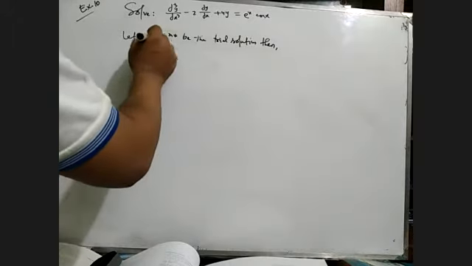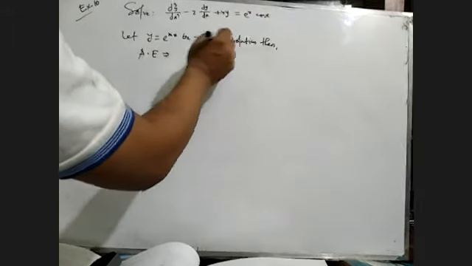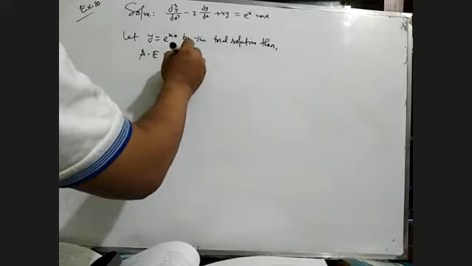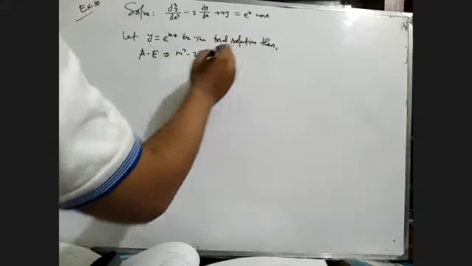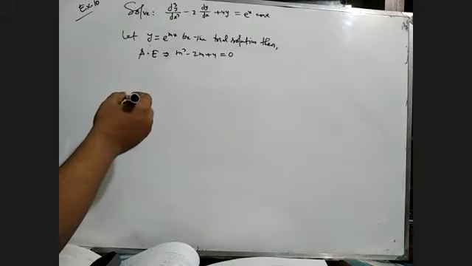So if y equals e to the power mx is the trial solution, then the auxiliary equation will be m cube minus twice m plus 4 equals 0. Now we can solve this for m.